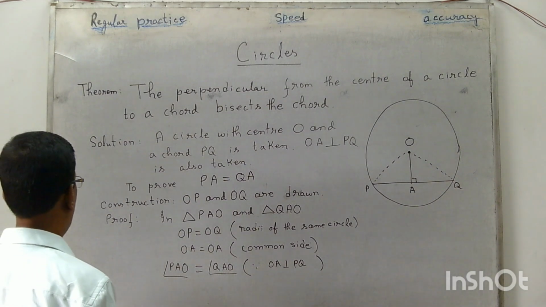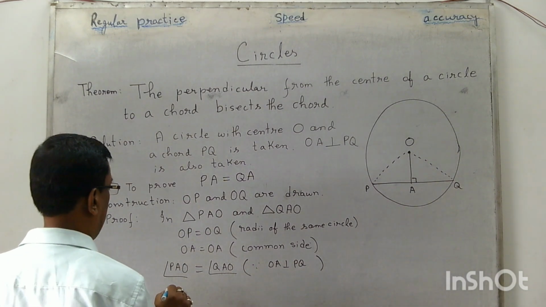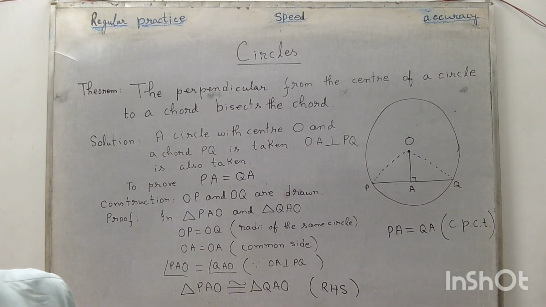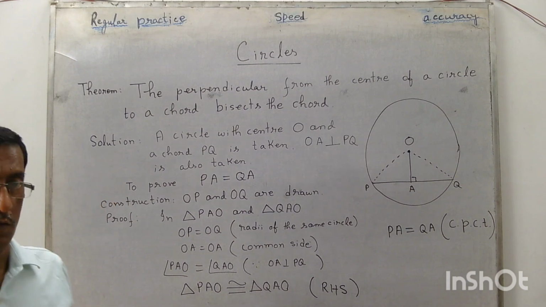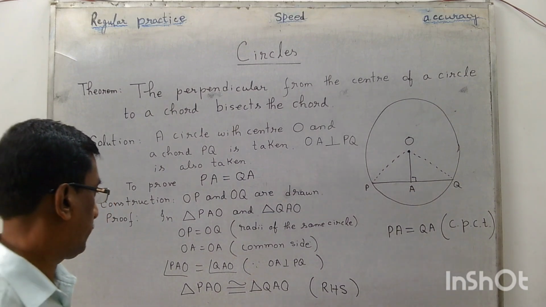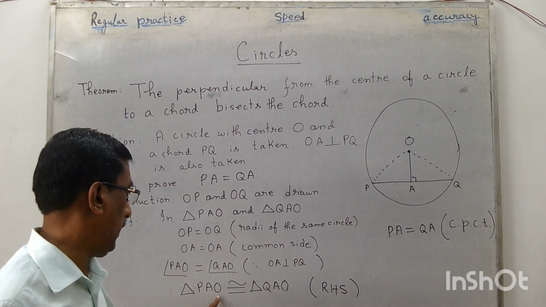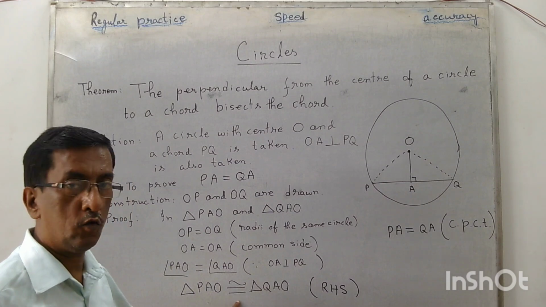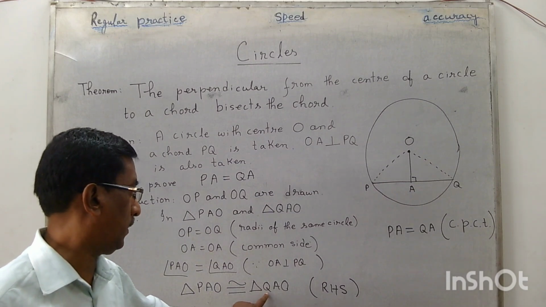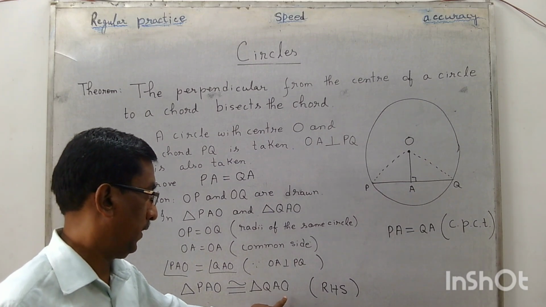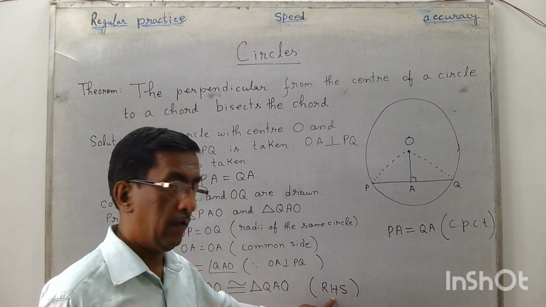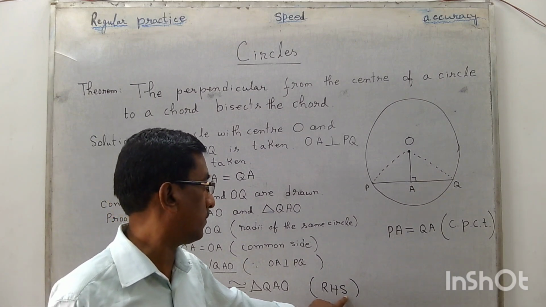So we can say that triangle PAO is congruent to triangle QAO. The criteria is right angle hypotenuse side.